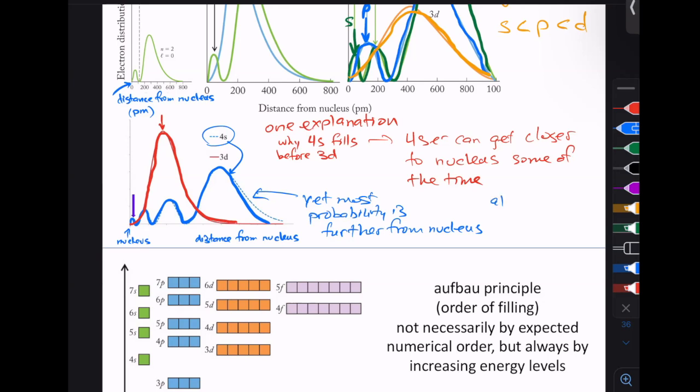So at higher energy levels, the electrons are further away from the nucleus. So we really have two explanations going on here. The distribution explains what I just wrote down, but it also explains why it's more stable.